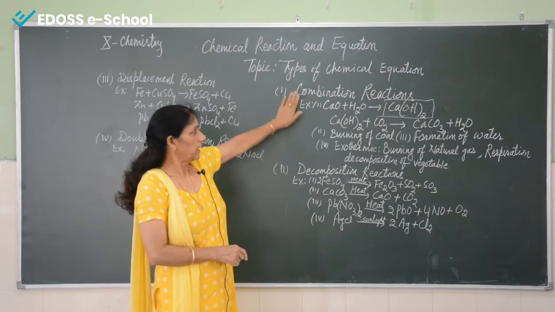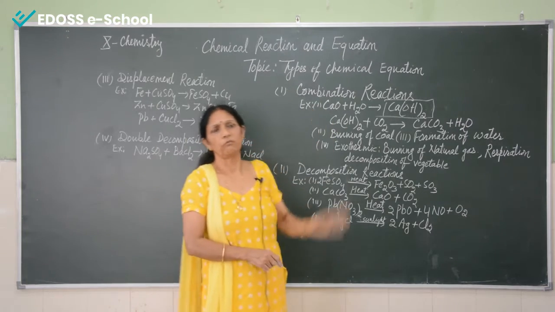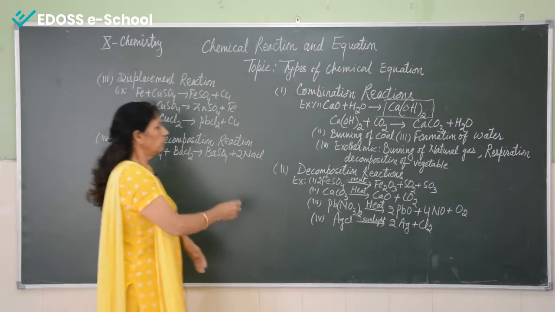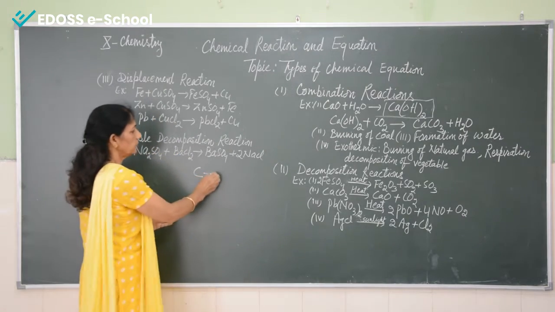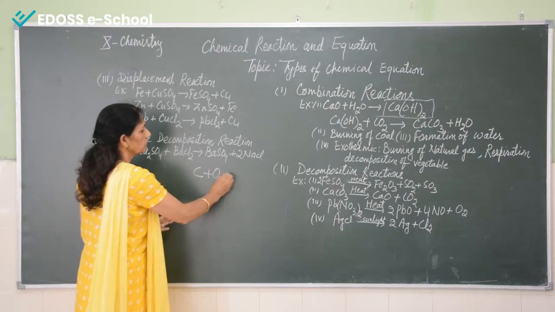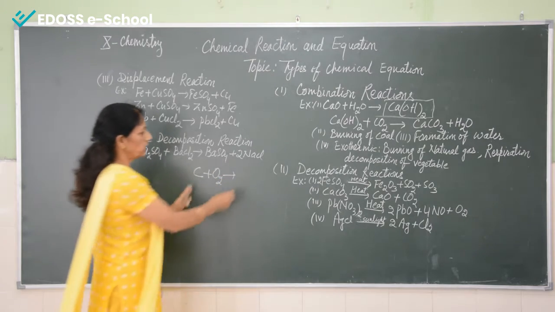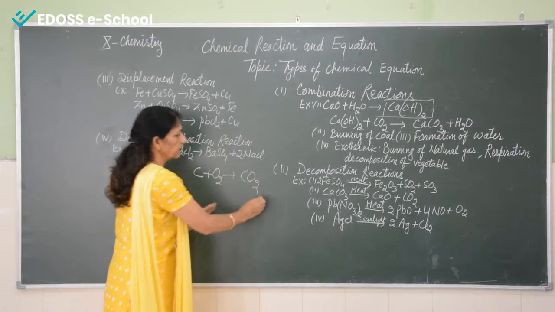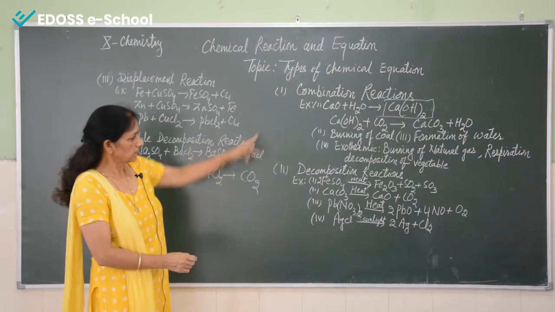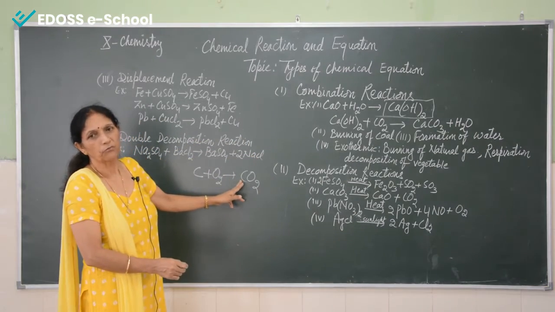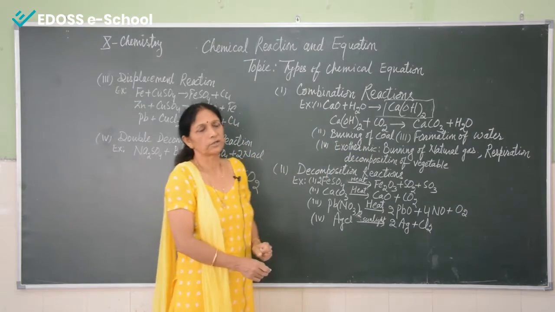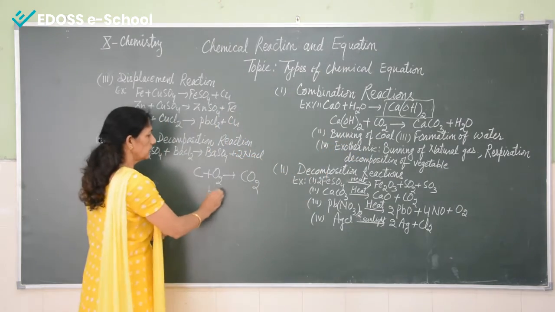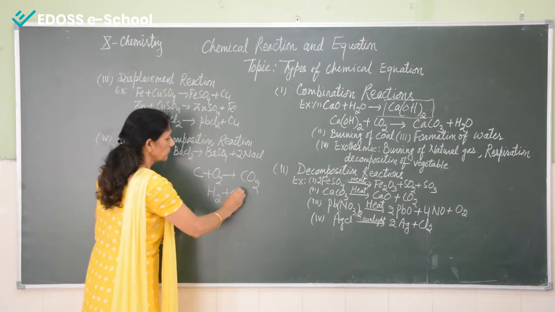In the same way, another example is burning of coal. Whenever we burn coal, this is carbon and this is oxygen, and we get carbon dioxide, CO2. This is a combination reaction, a single product is formed. Now, formation of water. This is hydrogen and this is oxygen.